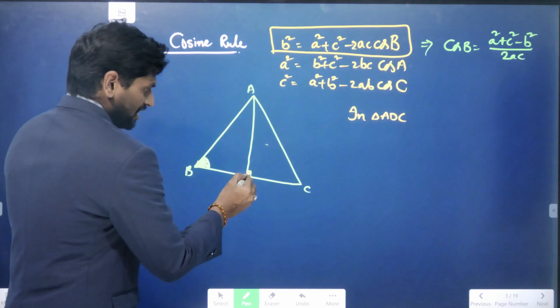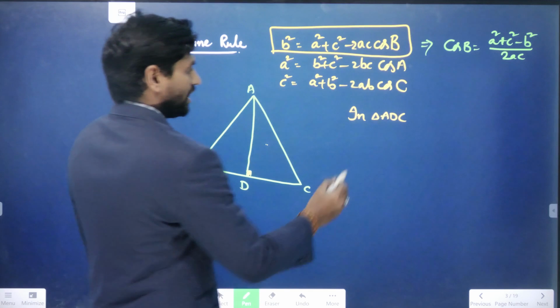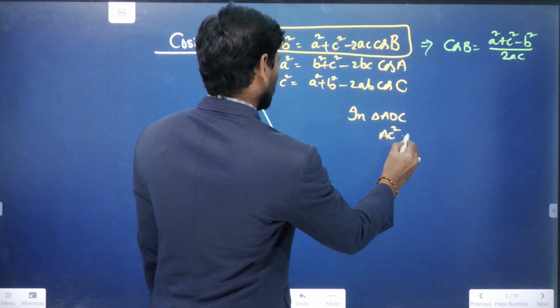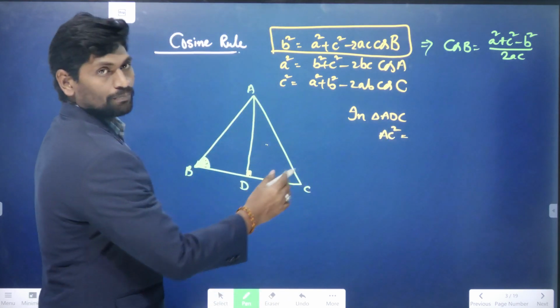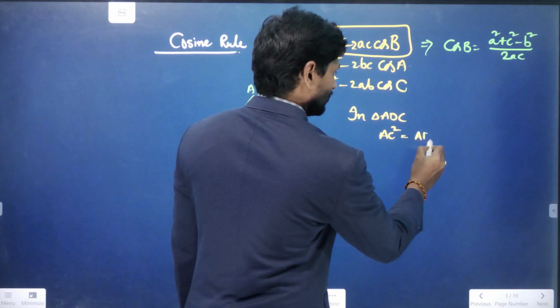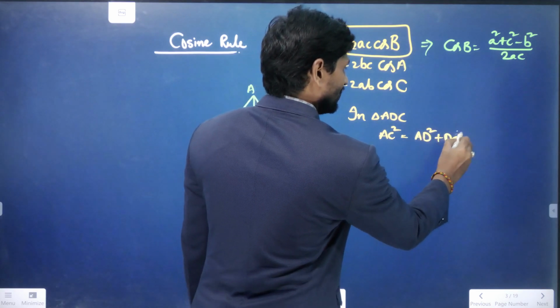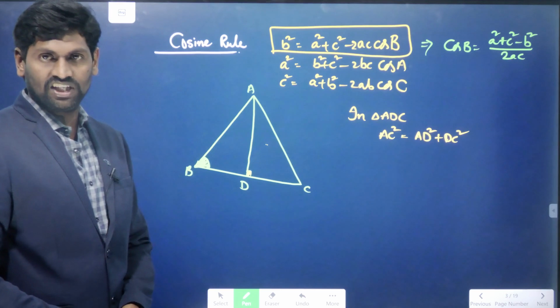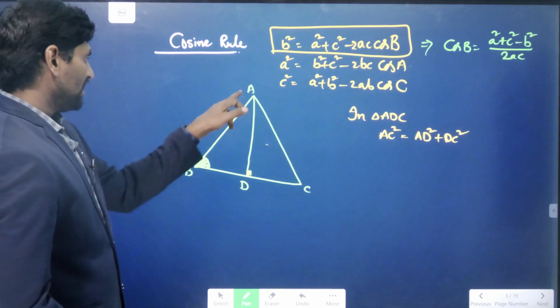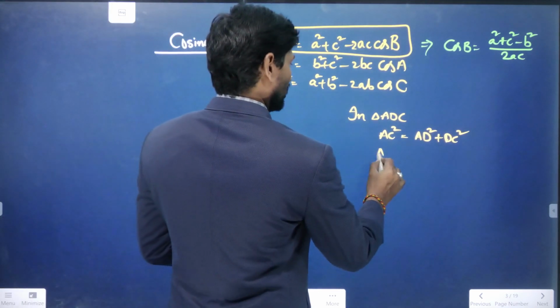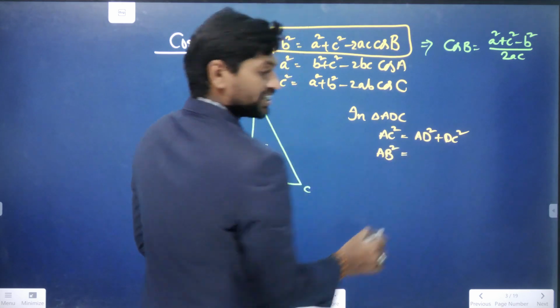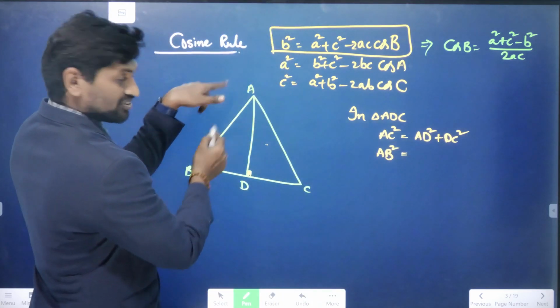For this right angle, the opposite side is AC. So hypotenuse square, AC square, is equal to AD square plus DC square. This is one of the equations. And the second one, AB square: this is the hypotenuse, right?